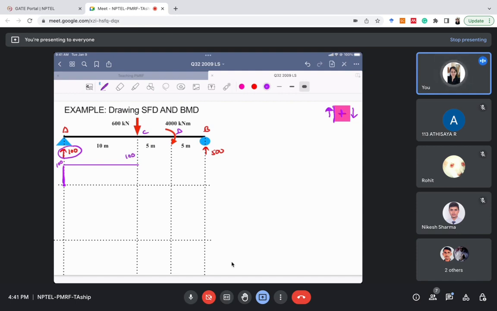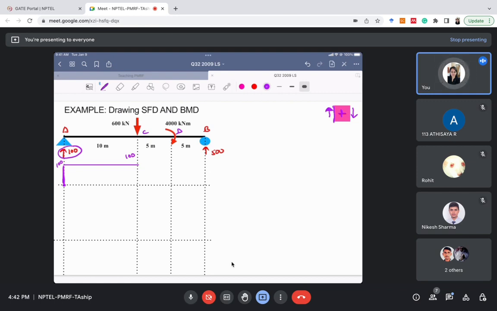Now at point C there is a point load of 600 kilonewton. Due to this point load, as I've discussed earlier, there will be a sudden drop in the shear force diagram. By how much? By the amount of that particular loading. So in this case the shear force diagram will drop by 600 kilonewton.